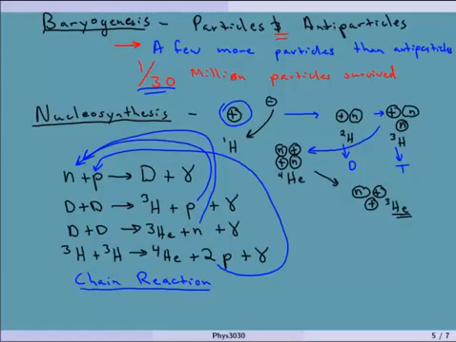Now, the big thing that your book sort of neglects to tell you is that helium is a very stable nucleus. Very stable nucleus. And the fact that it's very stable means that once you get to helium, you have to work hard to get bigger. Okay, so we get beryllium and lithium.